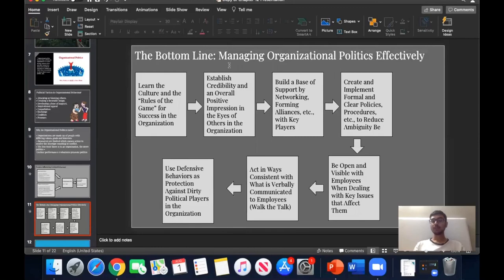The fourth one is to create and implement formal and clear policies, procedures, etc. to reduce ambiguity. Be open and visible with employees when dealing with key issues that affect them. Next one is to act in ways consistent with what is verbally communicated to employees. And the last one is to use defensive behavior as protection against dirty political players in the organization.